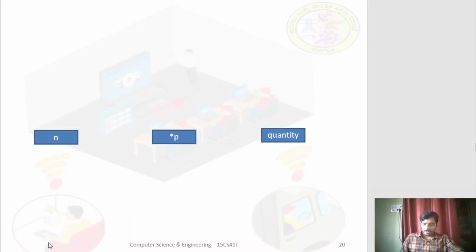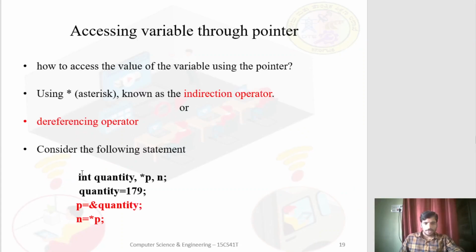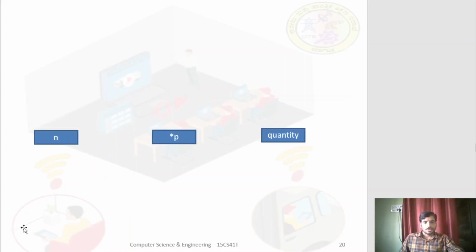When I declare the first statement, int quantity, *p and n, the compiler will assume that there are three variables: n, one pointer variable and one quantity.